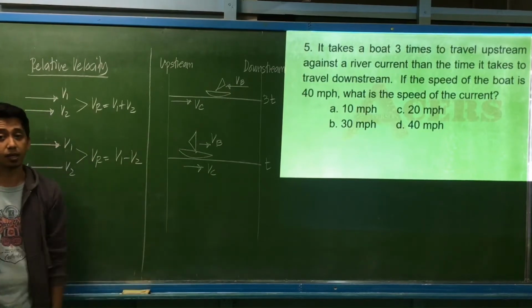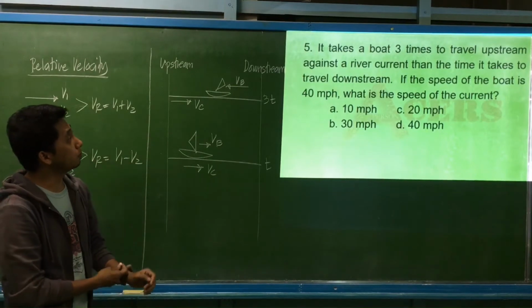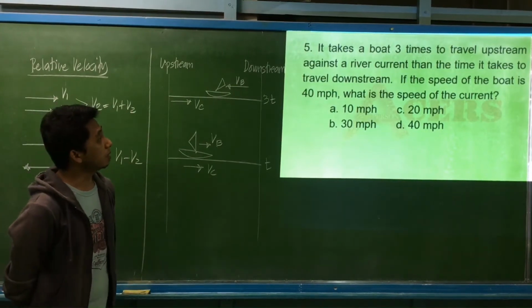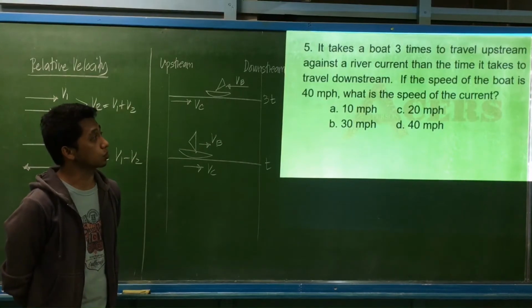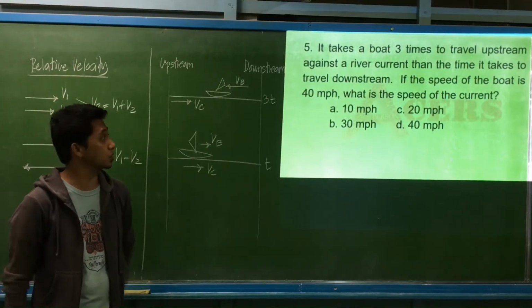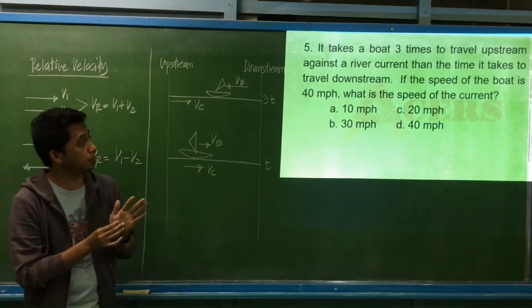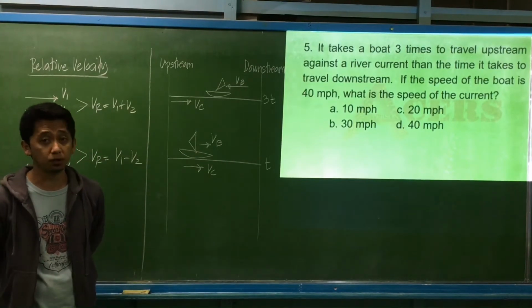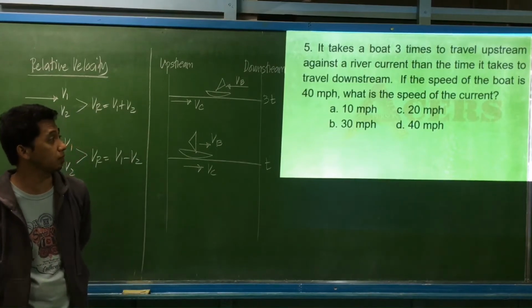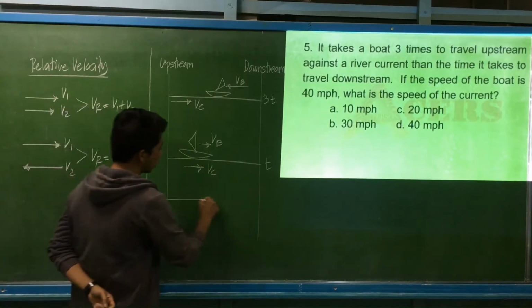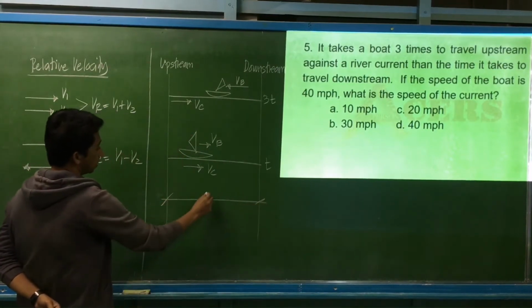So let's have an example. According to problem number 5, it takes a boat 3 times as long to travel upstream, that is against a river current, than the time it takes to travel downstream. If the speed of the boat is 40 miles per hour, what is the speed of the current? So we are talking about the same distance here.